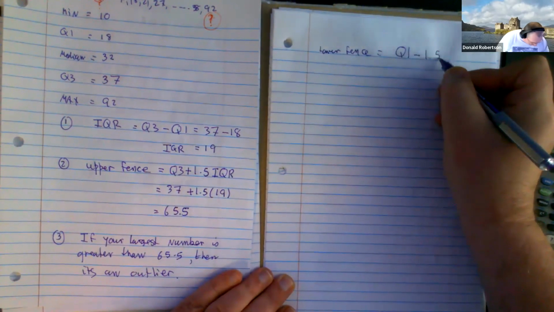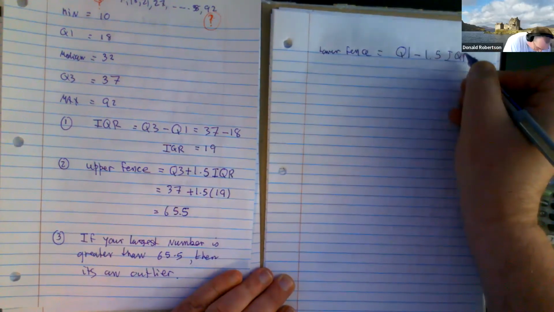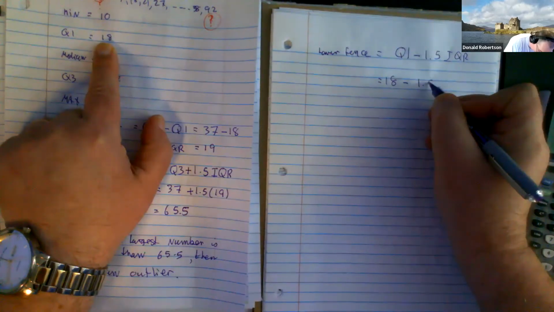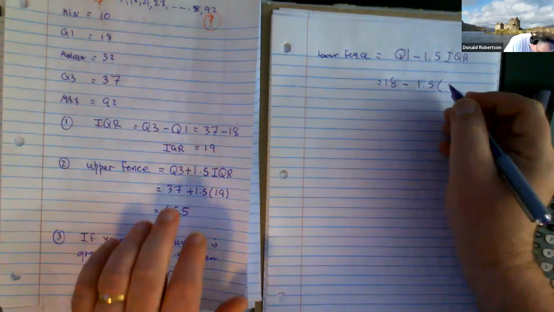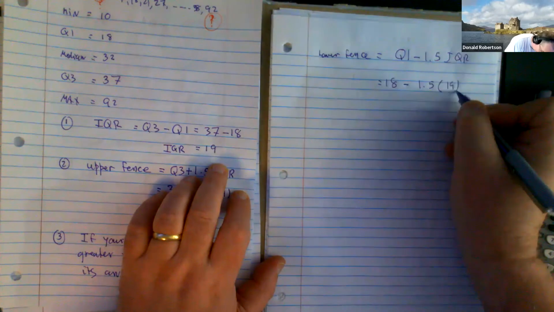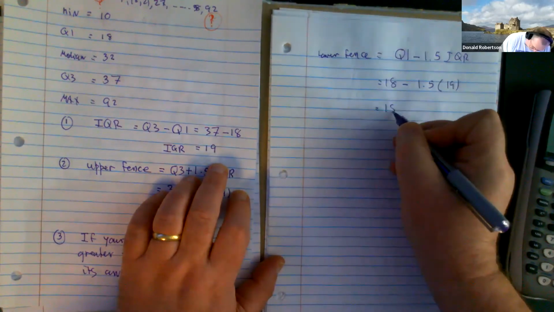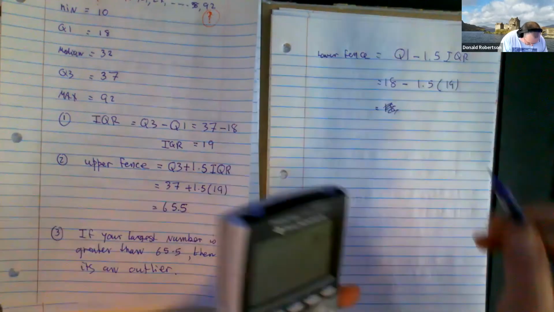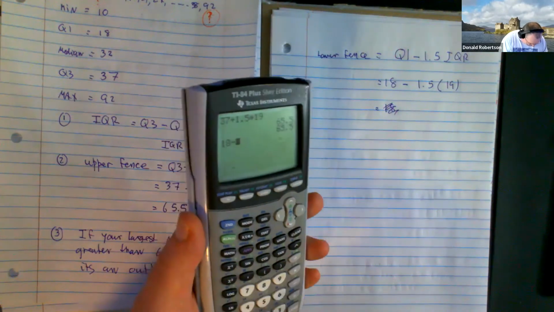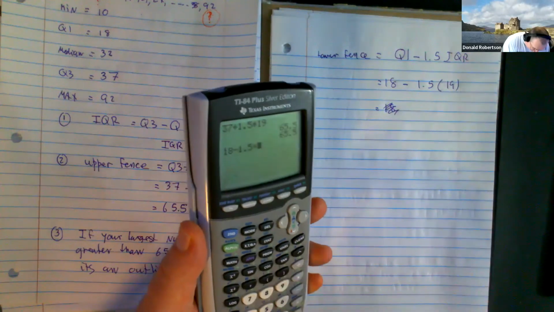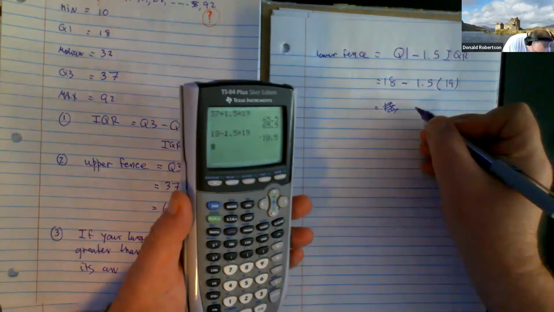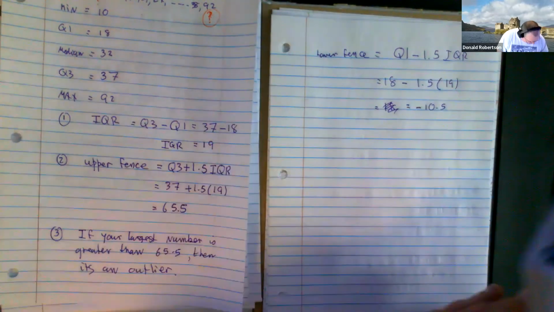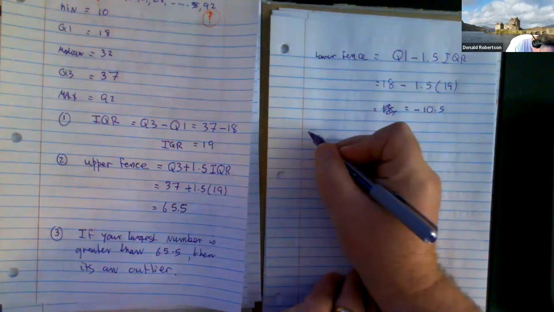But you notice it's Q1 this time, right? In other words, it's 18. 18 take away 1.5 times 19. I guess I shouldn't have done that, but too late now. 18 take away 1.5 times 19. And so in this case, the lower fence ends up being negative 10.5. So that means the following.